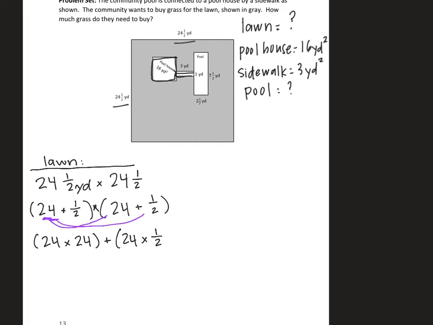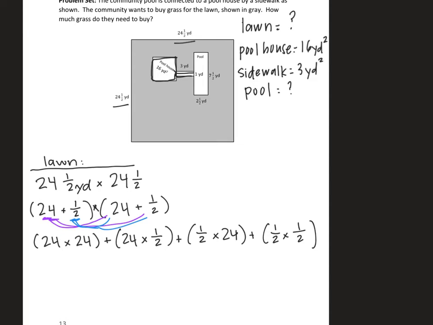Then I am going to start with the 1/2, and I'm going to say 1/2 times 24. Plus, I'm going to go back to that 1/2, and I'm going to say 1/2 times 1/2. Okay. Now I have 4 smaller multiplication problems to solve.